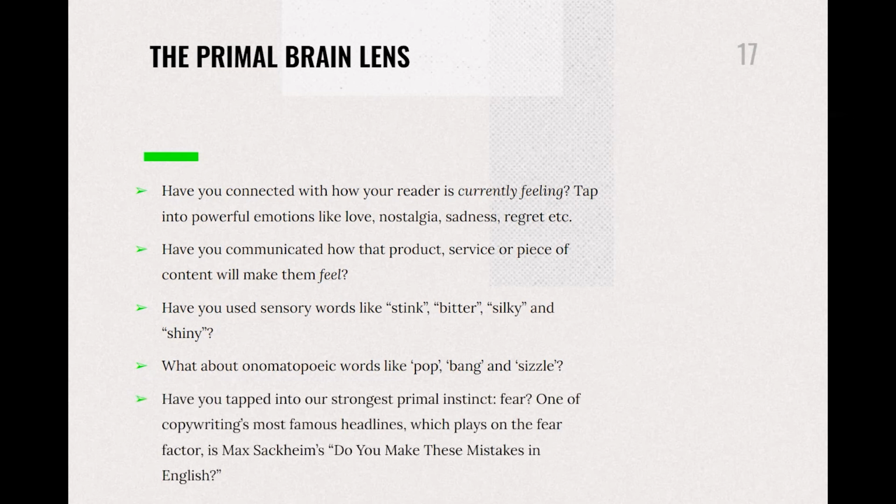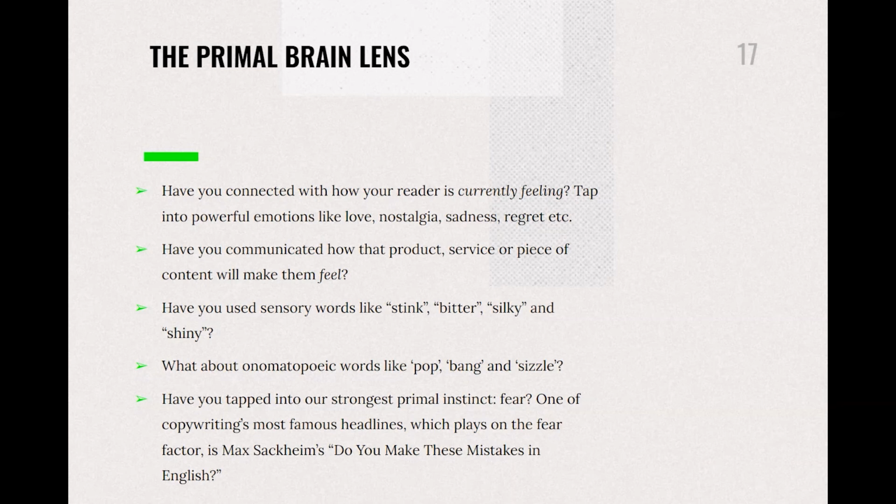And a really one I want to drill into, perhaps the strongest primal instinct, is fear. So we call this the fear factor. One of the most famous headlines that we mentioned before is, do you make these mistakes in English? That not only taps into the curiosity gap and intrigue, but it's also got the fear factor there. You can often flip a positive headline round into a negative one.